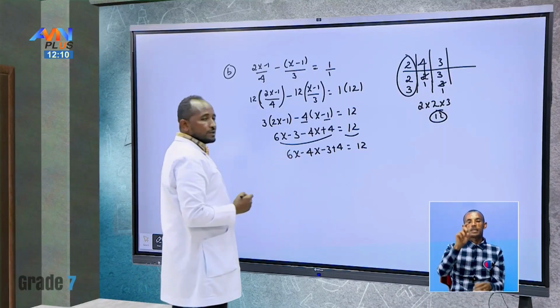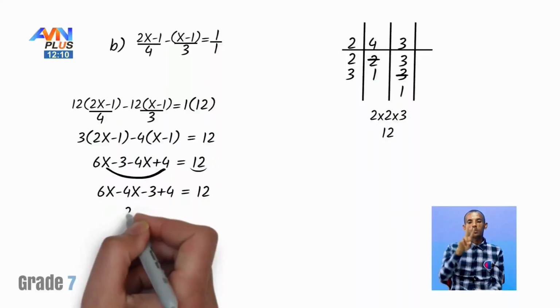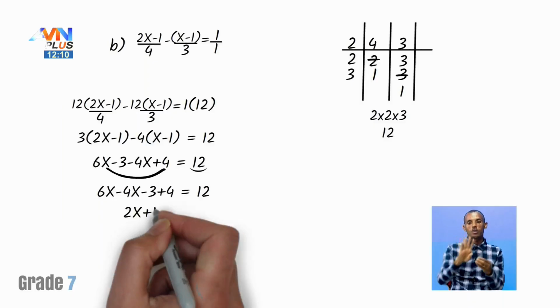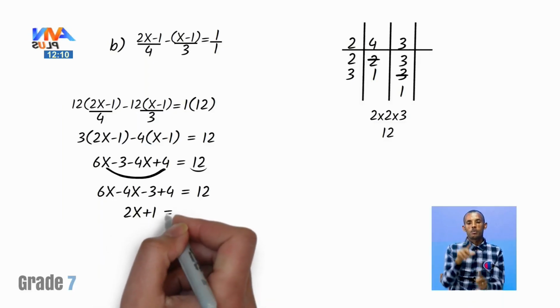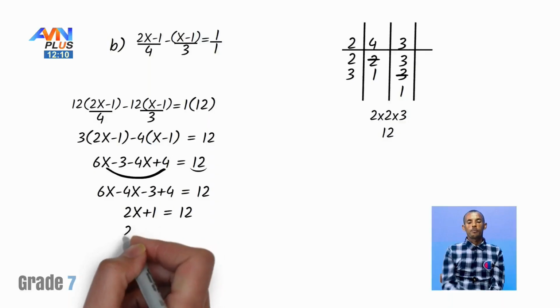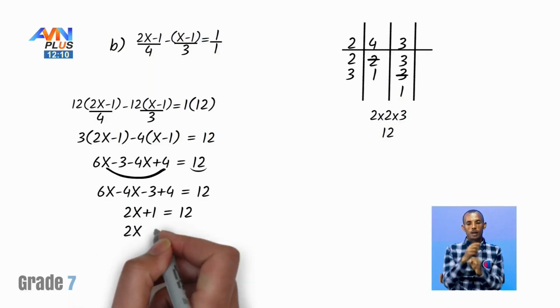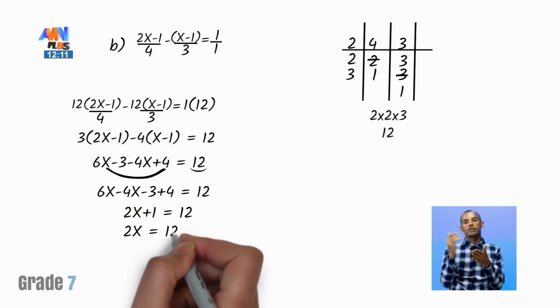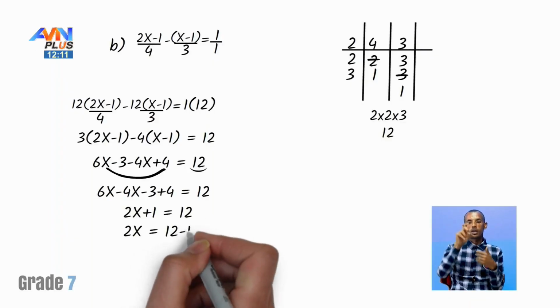6x minus 4x is how much? Good. It is positive 2x. Minus 3 plus 4 is positive 1, is equal to 12. To find x, just move this 1 to the other side. Here you have only 2x is equal to 12.